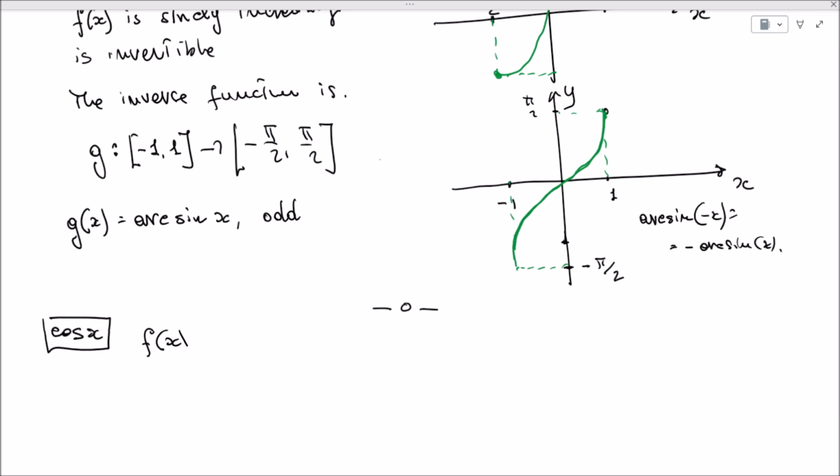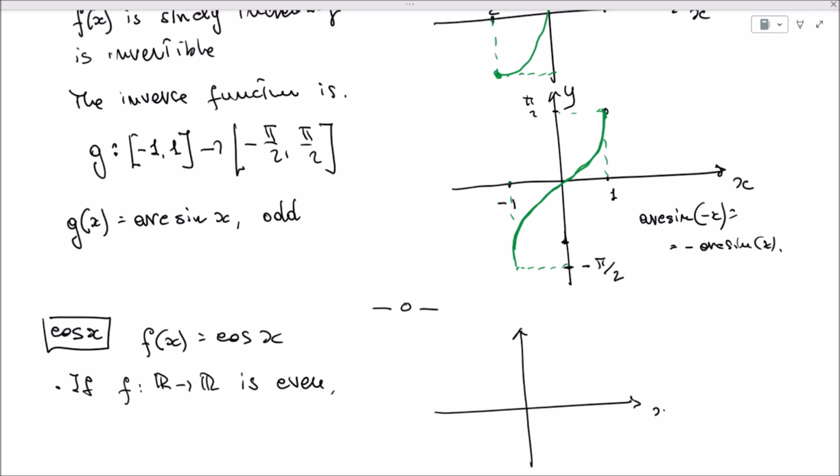Similarly, we can say that f of x is equal to the cosine of x, and if we consider this function from R to R, we have now an even function, because this will be the graph of the cosine.